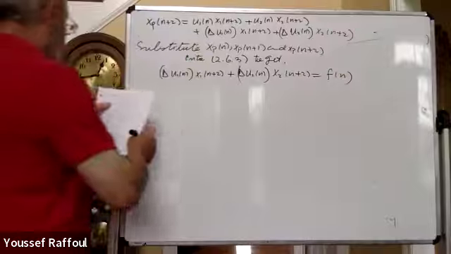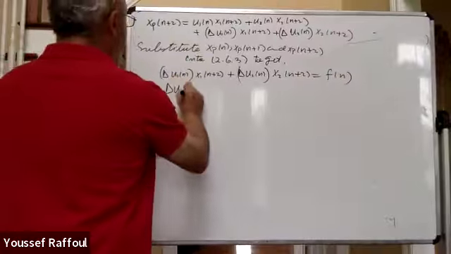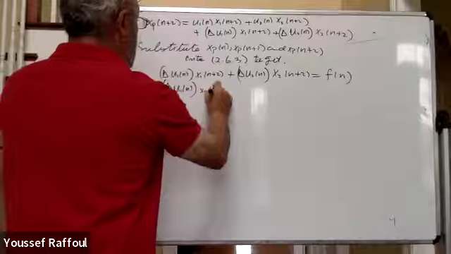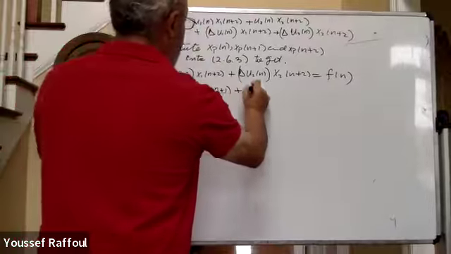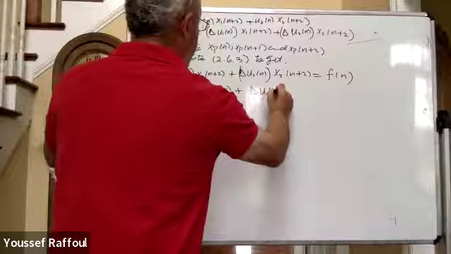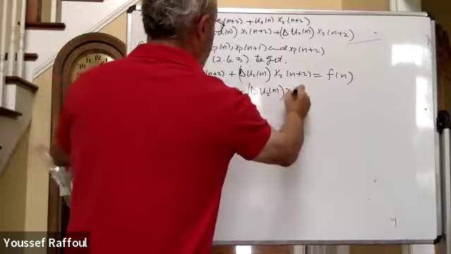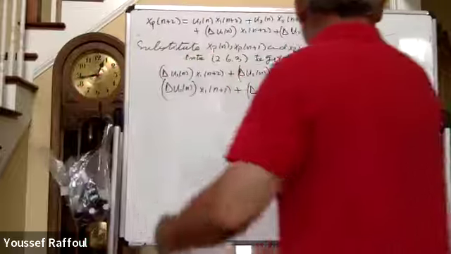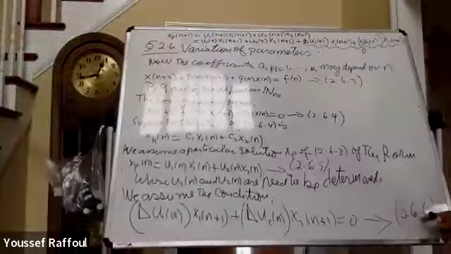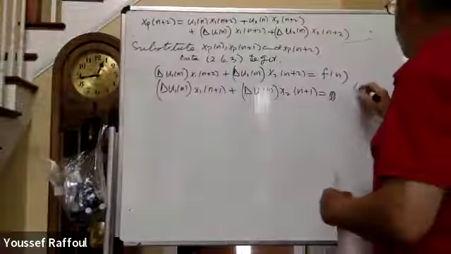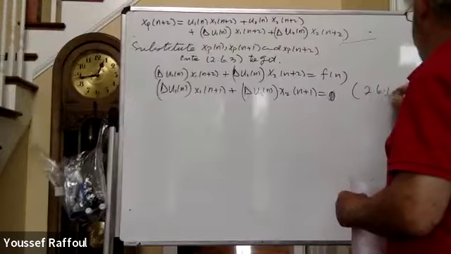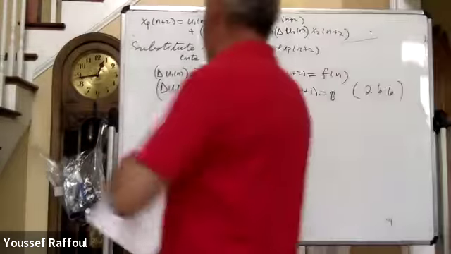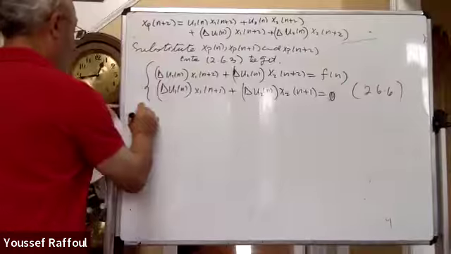And remember we have del u1 of n, x1 of n plus 1, plus del u2 of n, x2 of n plus 1 equals 0. That is condition 2.6.6. So we need to solve the system.